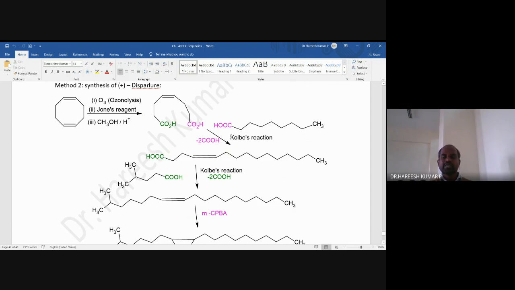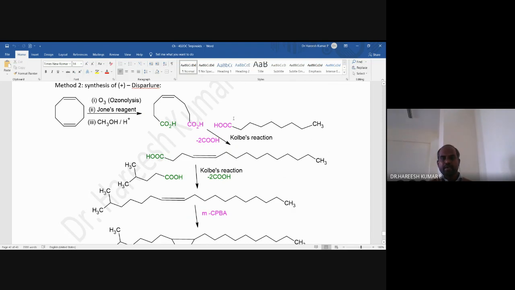So this follows an electrolysis method. So what is the electrolysis method? The electrolysis method involves a free radical reaction, where there is a decarboxylation and a new bond formation between this carbon and this carbon. So that is how a compound is obtained.